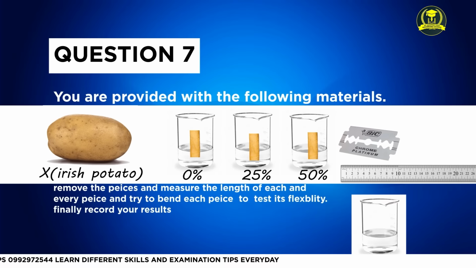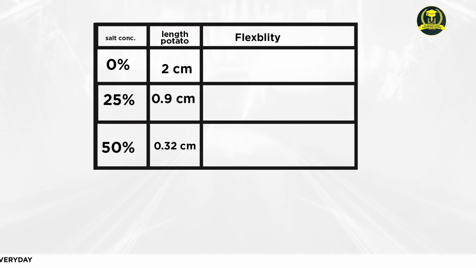Remove the pieces and measure the length of each piece. Then try to bend each piece to test its flexibility. Finally, record your results. The length of the potato in 0% solution was 2 cm, and its flexibility was stiff or difficult to bend.